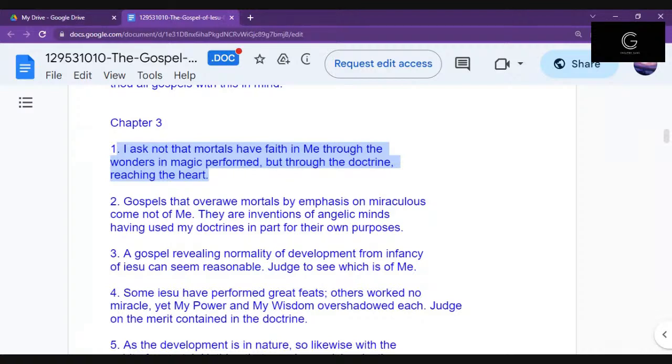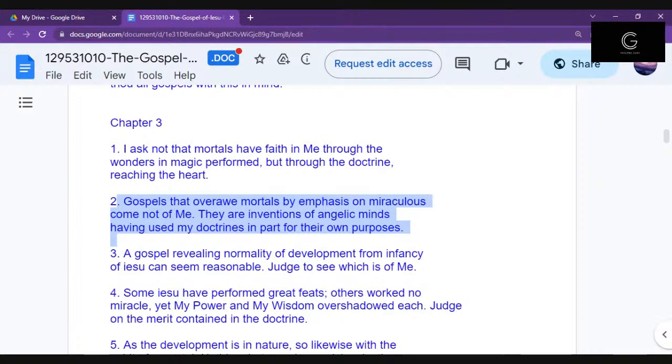It's not through that magic that a man did that you're supposed to believe in Jeebus, but the doctrine that's reaching the heart. Gospels that overawe mortals by emphasis on the miraculous come not from me.